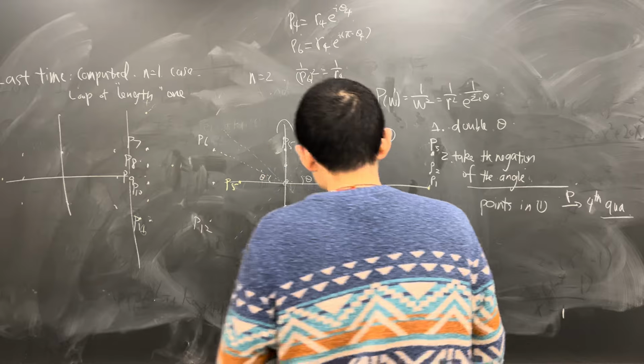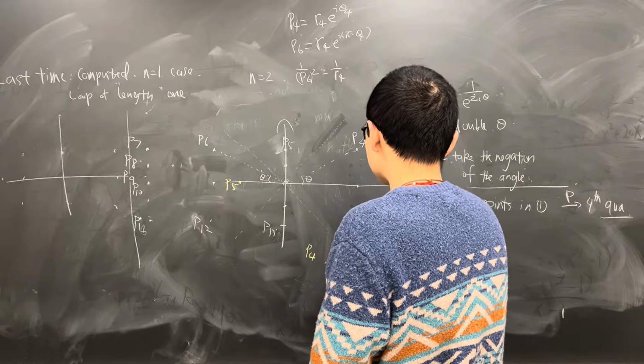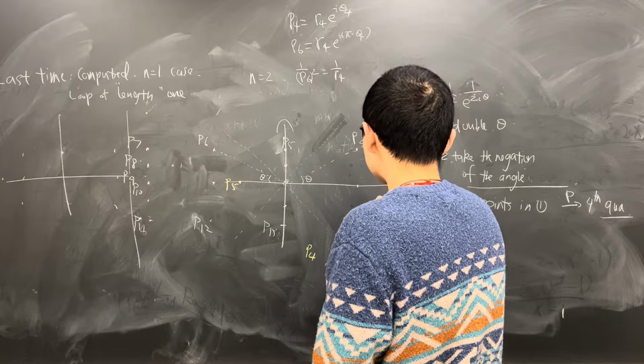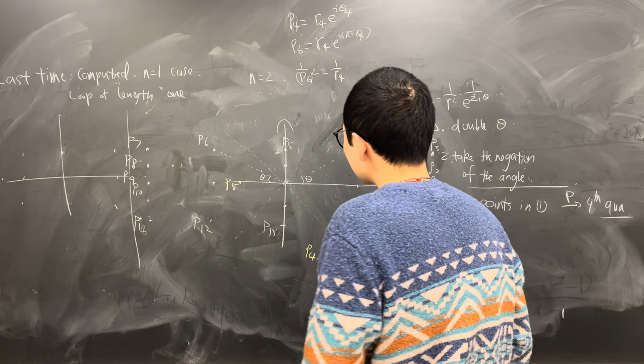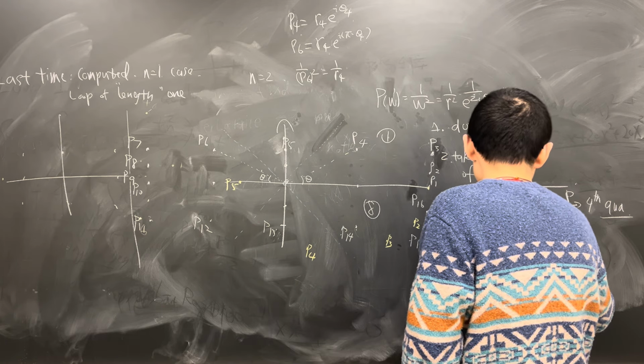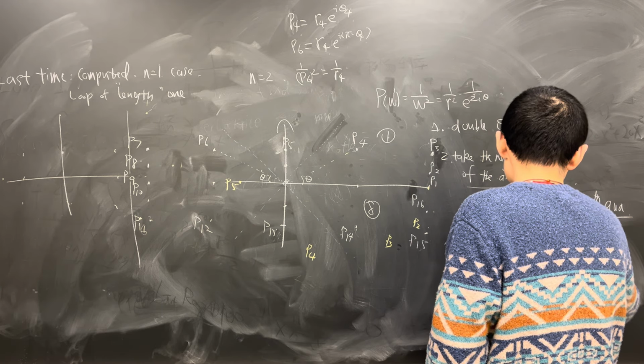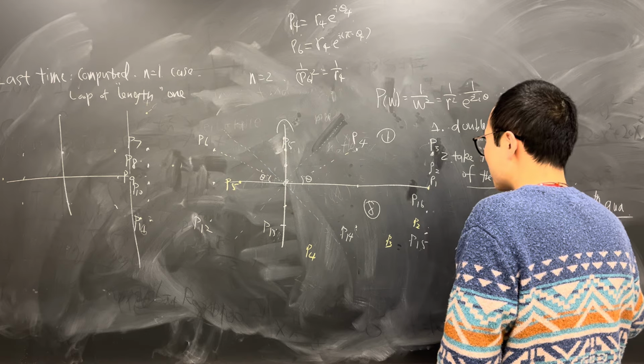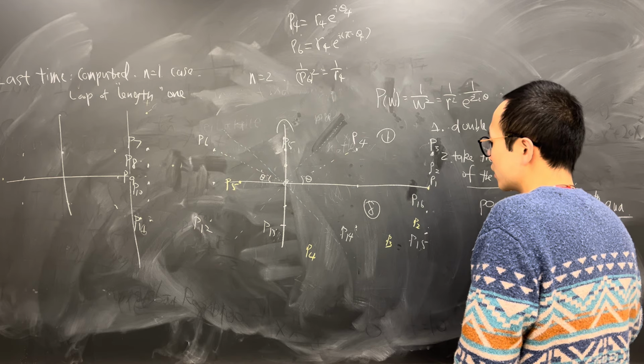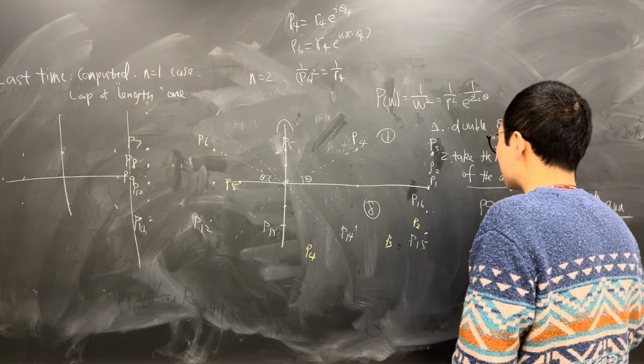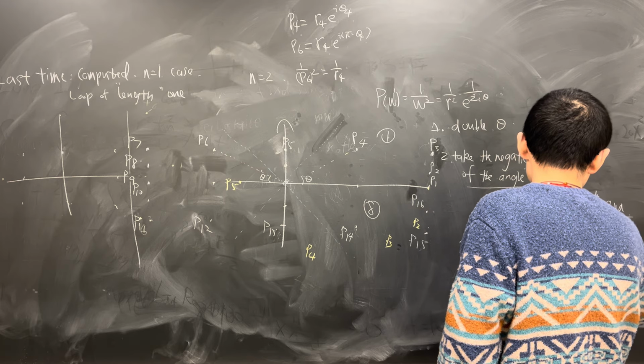And similarly, let's say this is 8. Points in 8, after you do a P operation, become in the first quadrant, right?